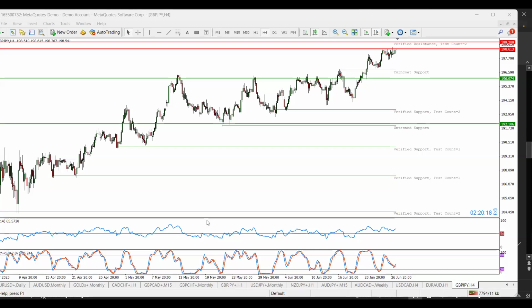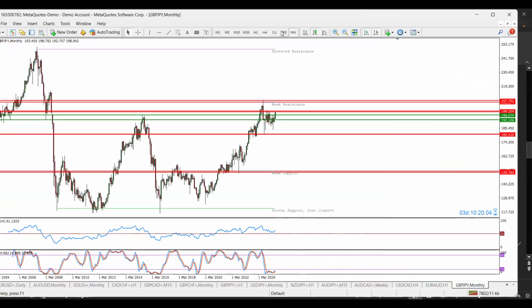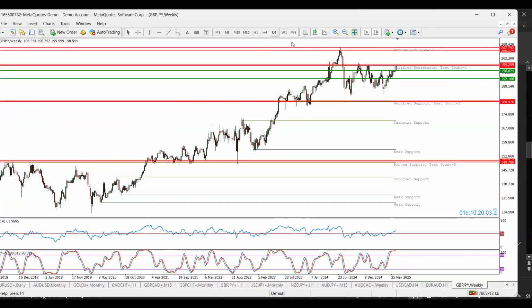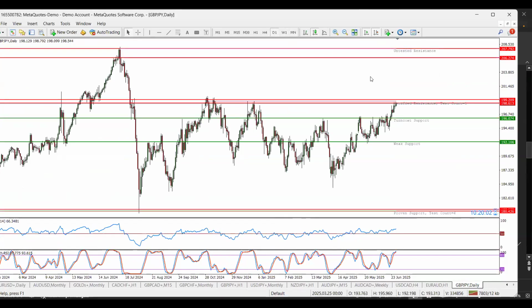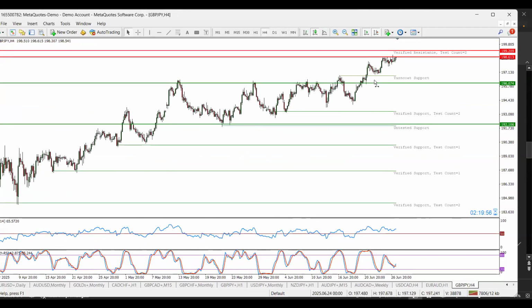All right, so let's continue. Right, so this is our target, here, this one up here, 207.792. Let's go back to the monthly and check. 207.792 is our target, right? So we are on weekly, we are on daily. This is 4 hours. I can also do an extra one here for the daily, since this particular one is near it.